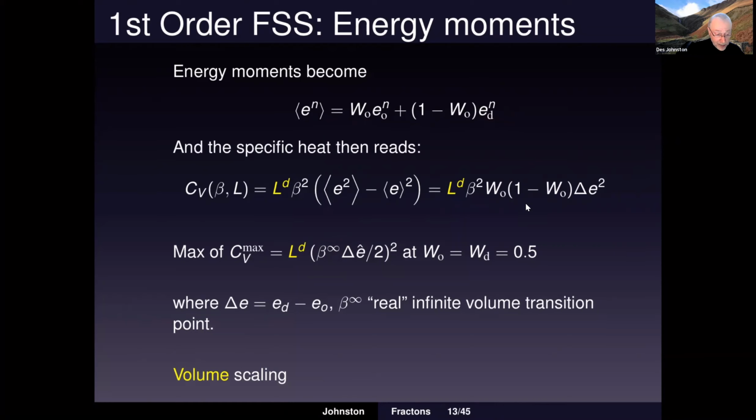So the maximum of the variance in the energy looks like this. And you can see it's got a trivial volume scaling. So if you've got a first order phase transition, simple-minded arguments like this, and, like Denju says, more sophisticated arguments where you model the peaks with a couple of Gaussians, tell you that you see volume scaling for peaks.